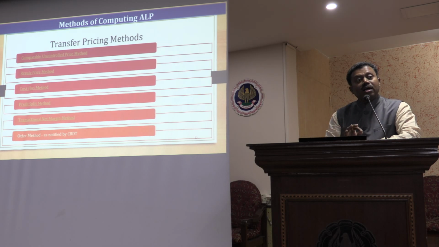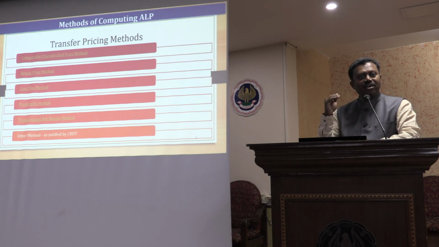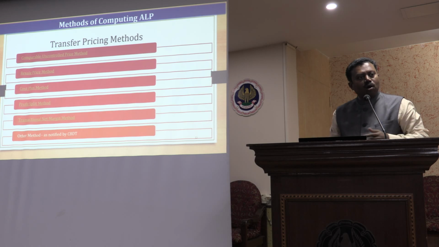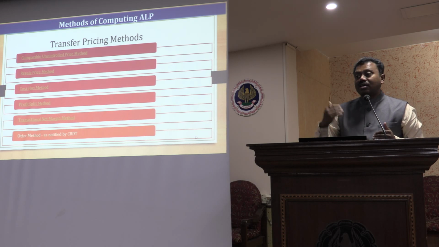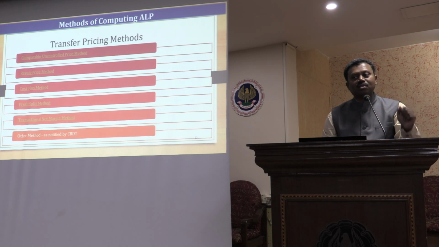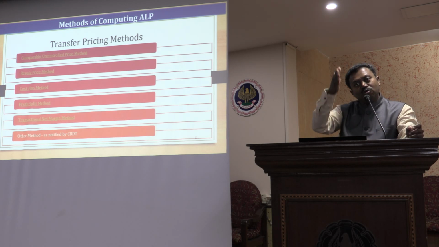And he will tell, as a result of that, your TP document is rejected. Look at the way he forms the TP order. Okay, my TP document is rejected. So what? Now he will tell, as a result of that, based on the TP provisions, let me compute your arm's length. And he is computing your arm's length.